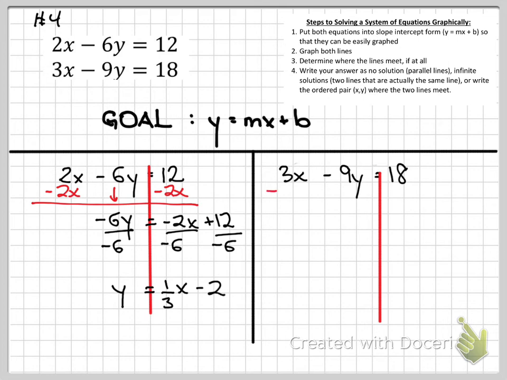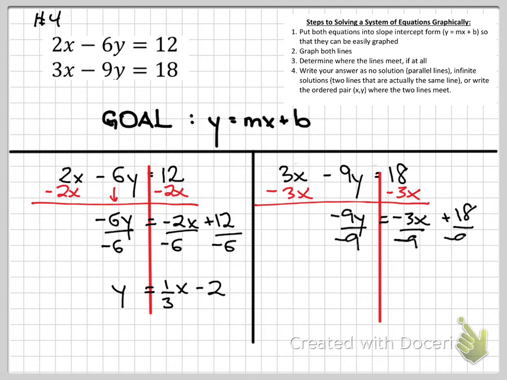So I'm going to do the same thing over here. I'm going to subtract 3x from both sides. That gives me a negative 9y equals negative 3x plus 18. Then I'm going to divide everything by negative 9. That gives me y equals positive 1/3 x minus 2.